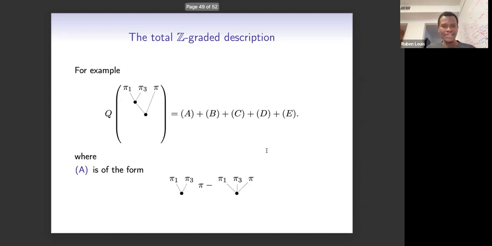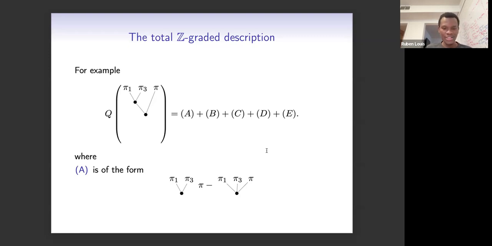And then what is the total Z-graded description of this? You need to know it on the tree. You need to know it on M. We already know it on E plus, right? And here you get a very explicit expression for that. I don't want all the details.